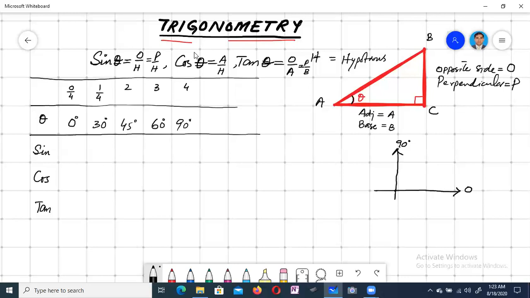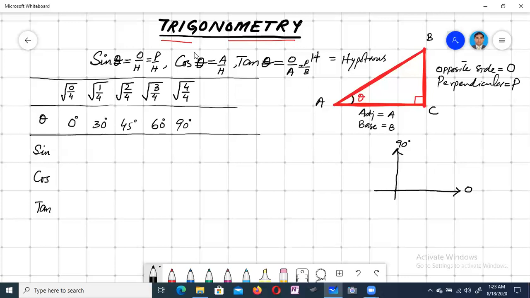Then the third and last step is we will take square root throughout, square root of this, square root of this, square root of this. Then we can fill the table easily.